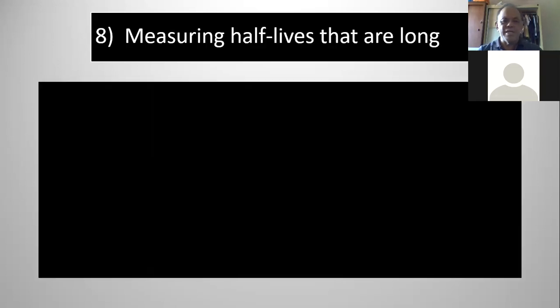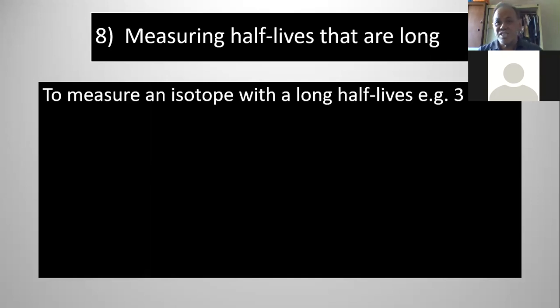We can also measure a half-life that's long, for example 10,000 years or 5,000 years, because within a short period of time it doesn't change much. If the half-life is 5 years, then it will only go to half the activity after another 5 years. So with 5,000 years, during the short period of time that we measure, even within 1 hour or 10 minutes, it doesn't change much.